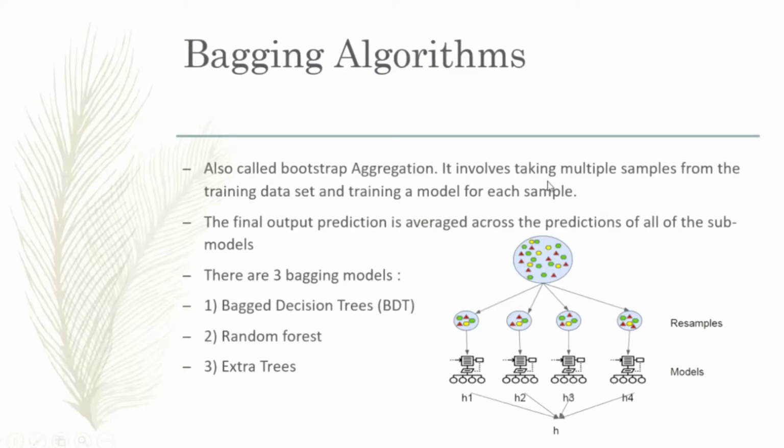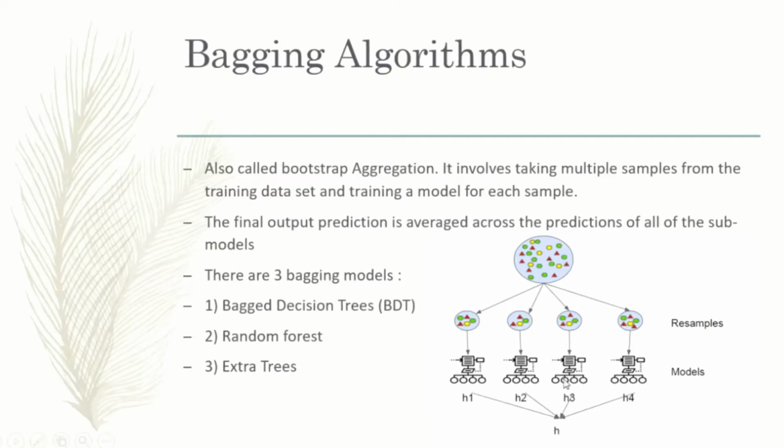I take these multiple samples and put them into my models, like bagged decision trees, random forest or extra trees, and then I will make a prediction. This prediction is based on voting. Suppose this model gives me 1, this gives me 1, this gives me 0 and this gives me 1. The majority is 1, so I will get the prediction as 1.